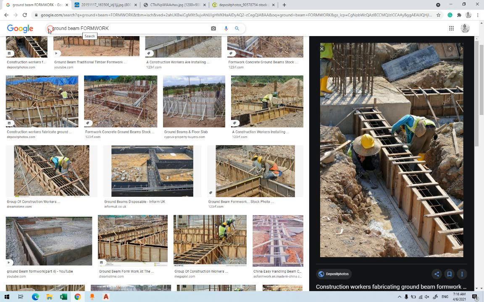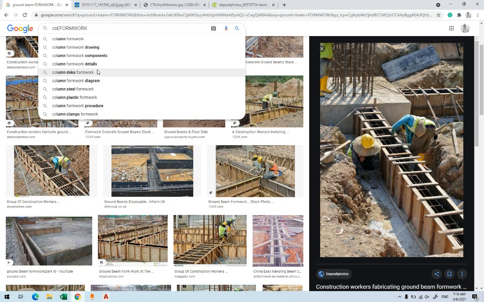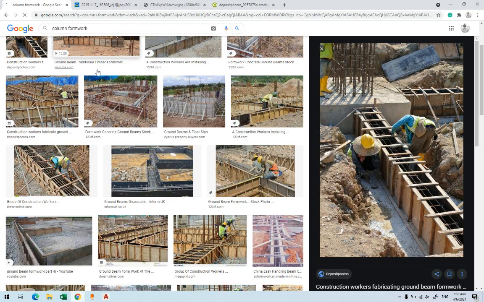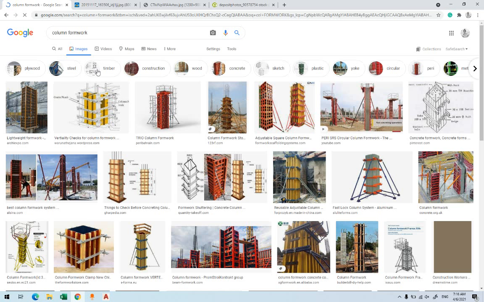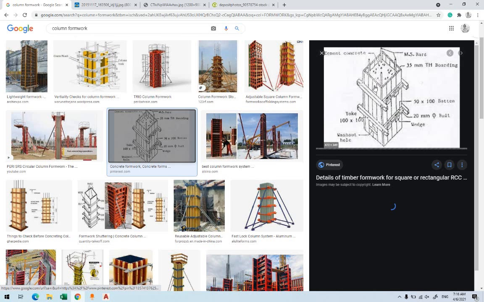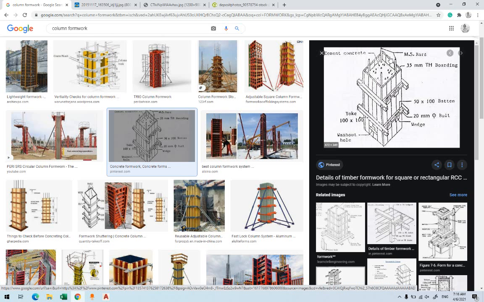formwork for column. Now before calculating formwork, you have to first know how the formwork will work, then you'll be able to calculate it easily. Now we're talking about column formwork. You have what? 4 sides of the column you have formwork. 4 sides of the column you have formwork.